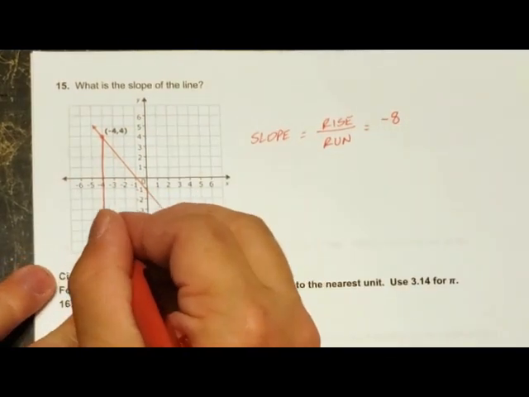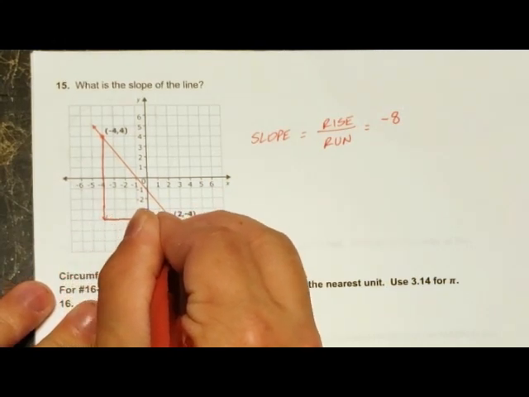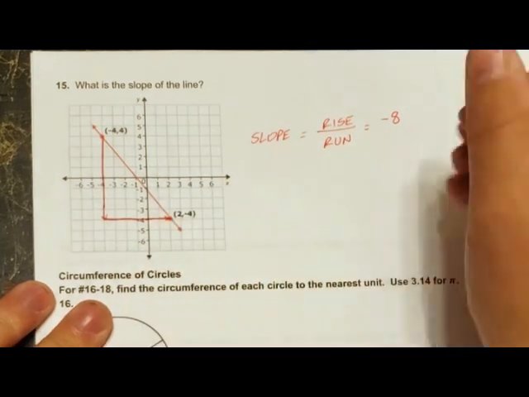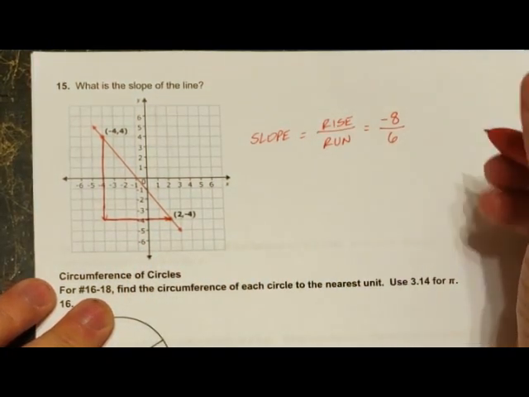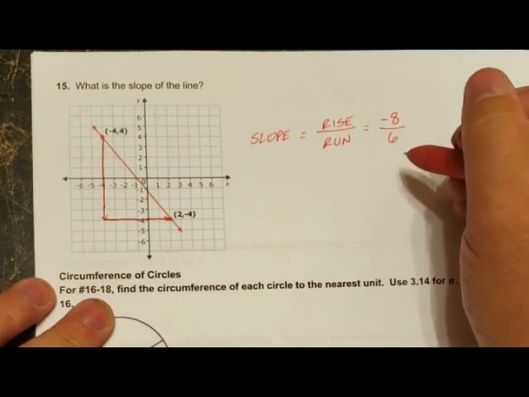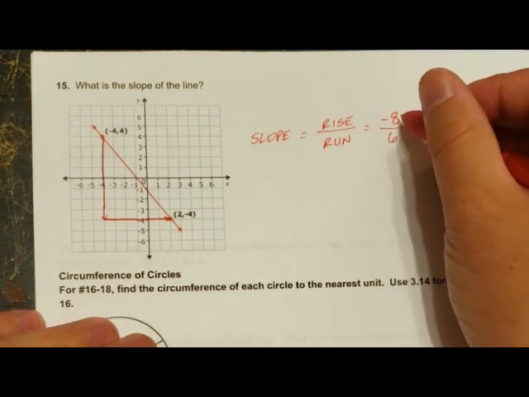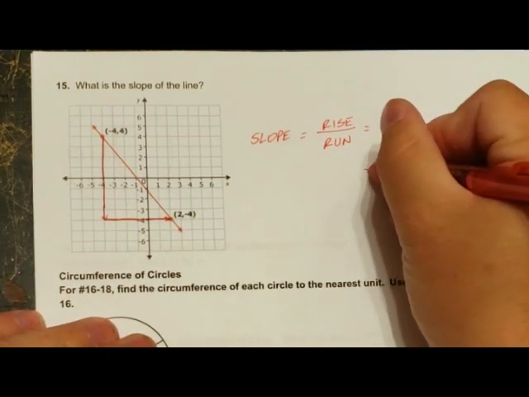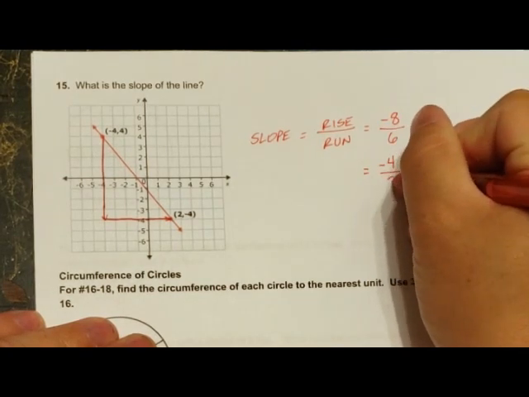And then we have to go to the right 1, 2, 3, 4, 5, 6 spaces. So it would be a negative 8 over 6. Now, if I'm not mistaken, I didn't put that as one of the choices because 8 and 6 are both divisible by 2, which would leave negative 4/3.